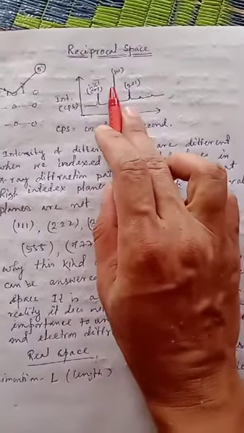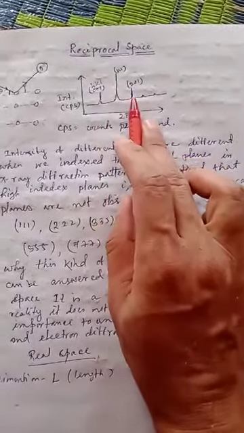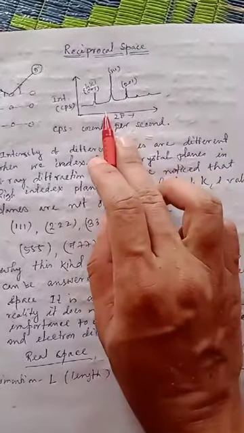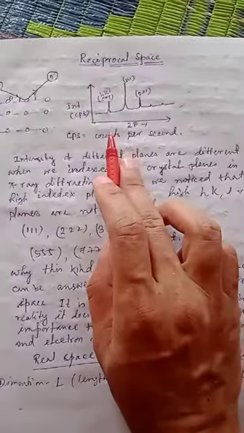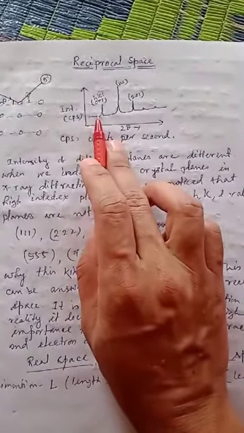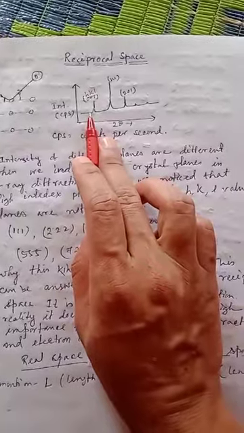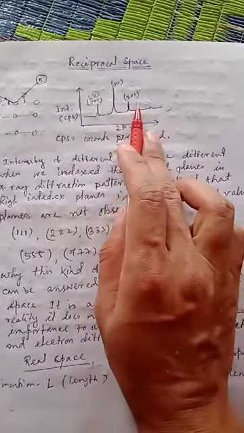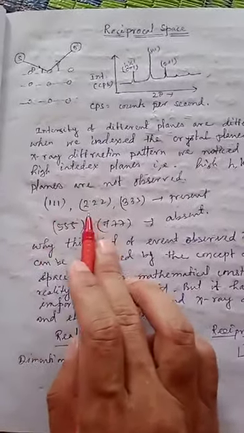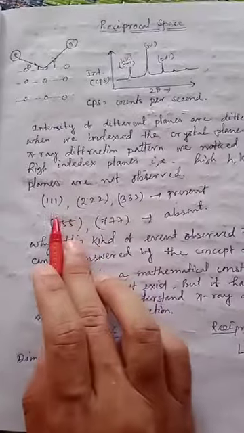for this diffraction plane. Similarly, we can index all the crystal planes, and we notice that when we go from low index planes to high index planes, low index planes mean the HKL values are low, like 111, 222, 333.